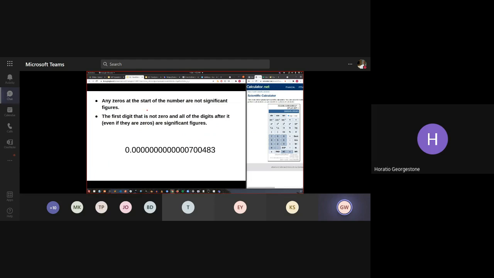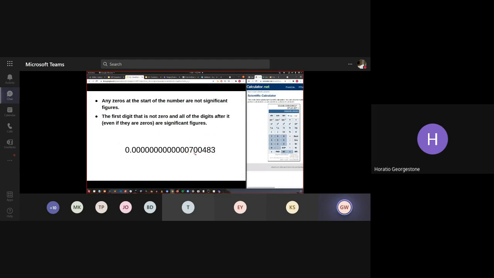The rule for determining what is a significant figure is that any zeros at the beginning of the number, like these zeros here, are not significant figures. Once you get to the first digit that's not a zero, in this case this 7 here, that digit and all the digits after it, even if they're zeros, are significant figures.